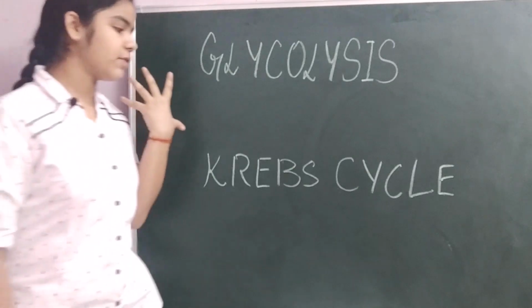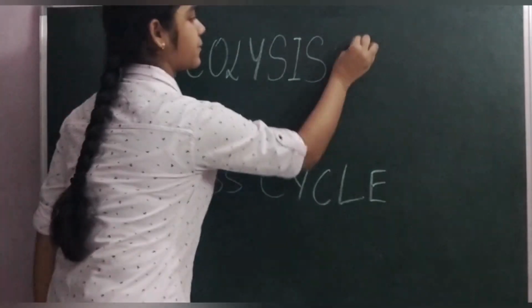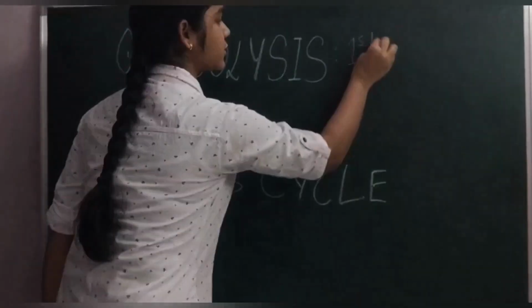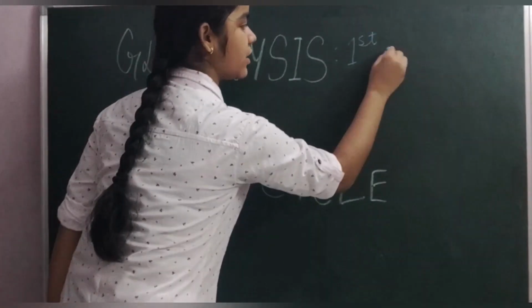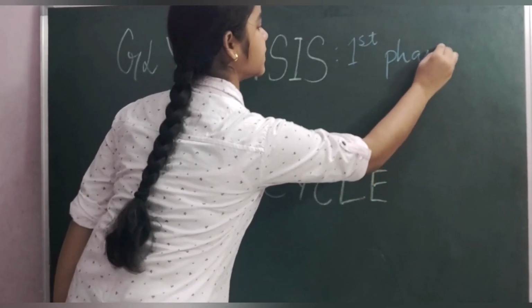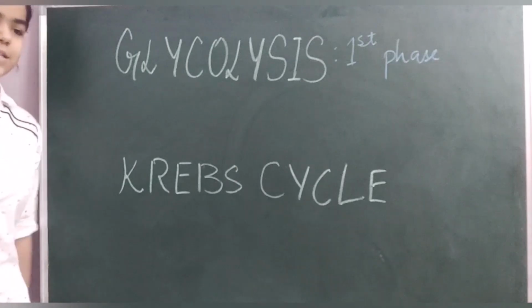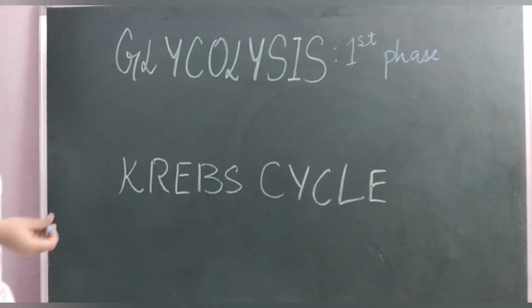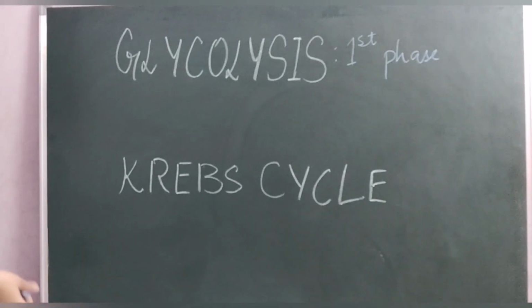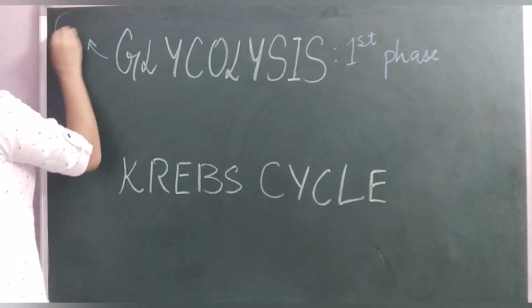Glycolysis, we have already known that it is the first phase. Since it is the first phase, it is present in all living organisms, whether it's you, any dog, any plant, any bacteria, or whatever. It takes place in the cytoplasm.